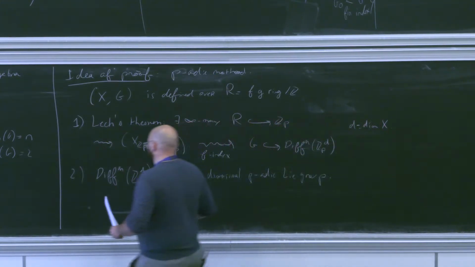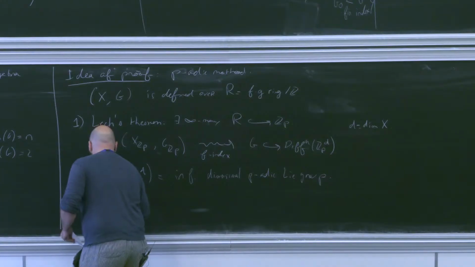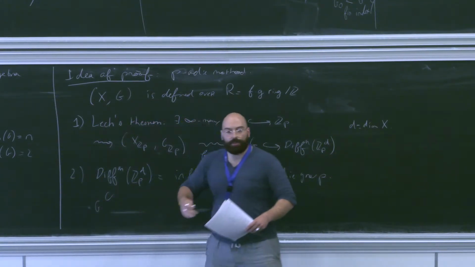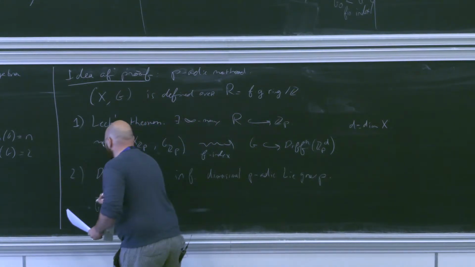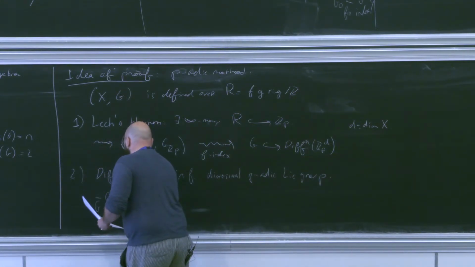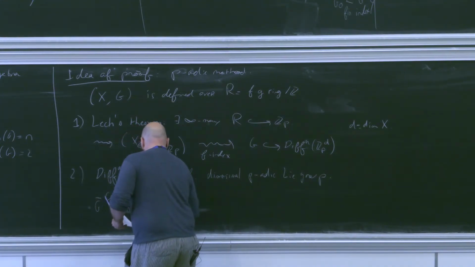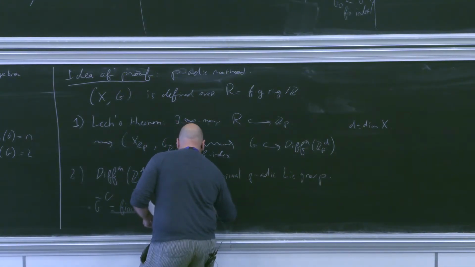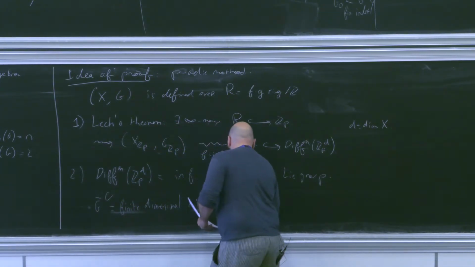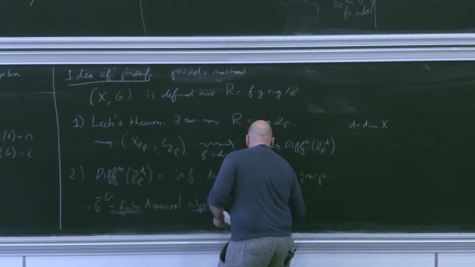And so if you have G inside, okay, you can look at the closure of G inside this p-adic Lie group. And what we show is that this is a finite dimensional nilpotent p-adic Lie group.